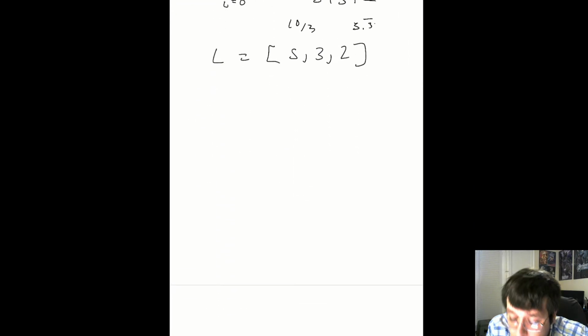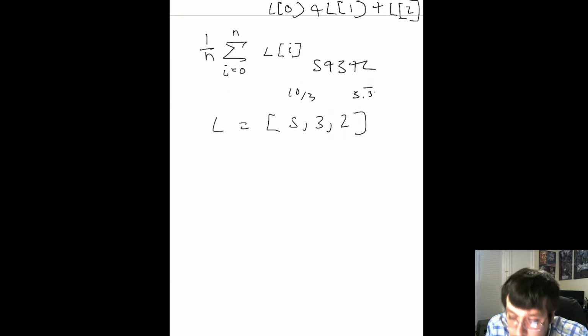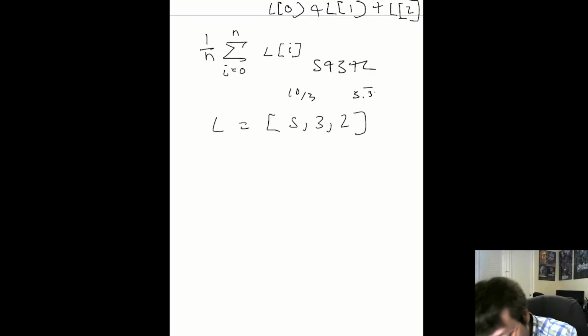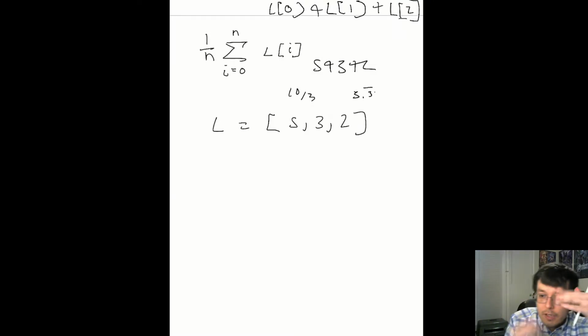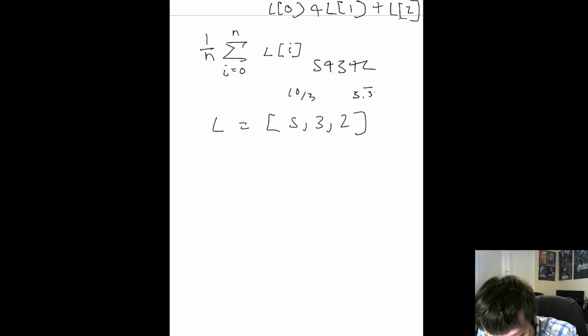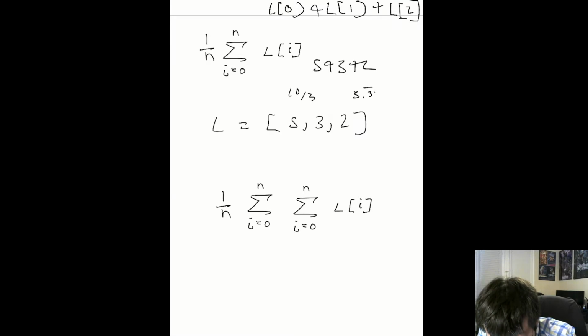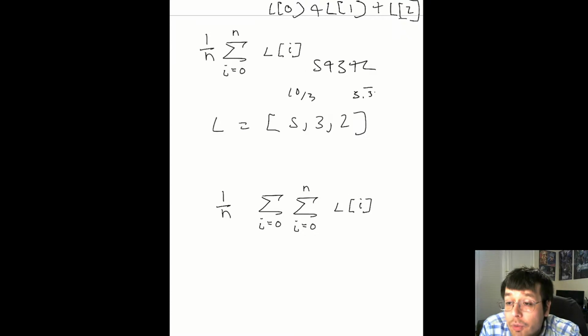So in this case, though, we have a cube. How do we nest these things? Well, you nest them the same way you would with a for loop, which is you just stack them. If you want to take the average of something that is two-dimensional, then all you've got to do is put another one of these things, and make sure you use a different letter up here, because it might not be a square, like a 3 by 3.